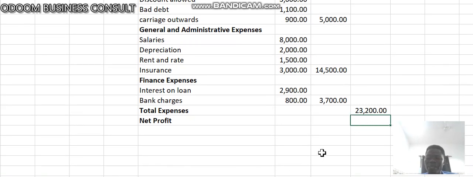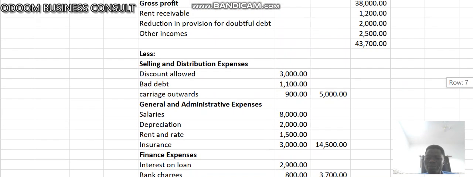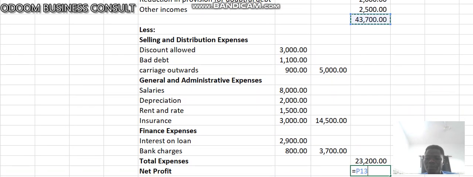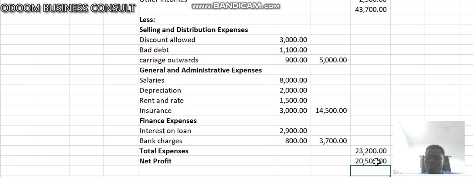Now, to determine the net profit, it's going to be the gross profit added to the other incomes minus the total cost that we incurred for the period.